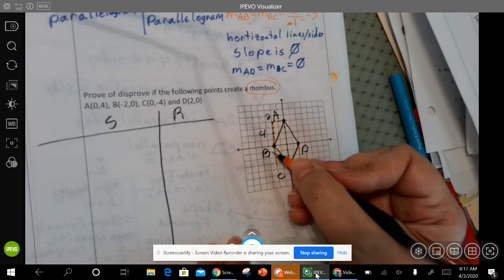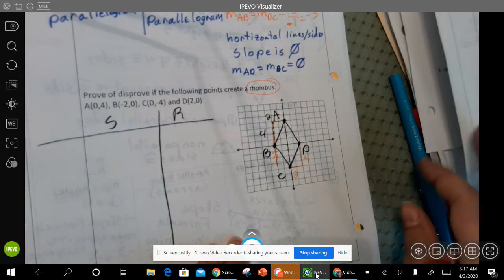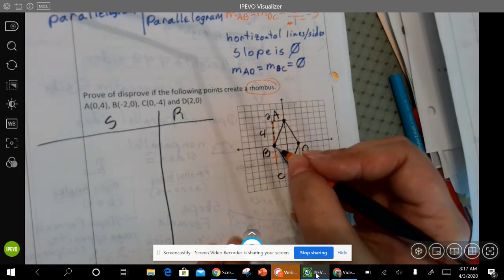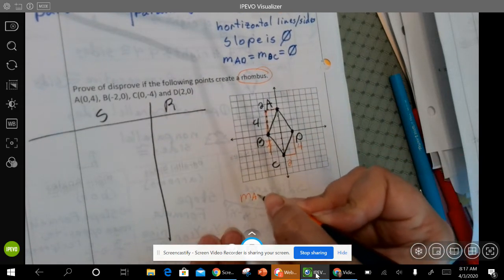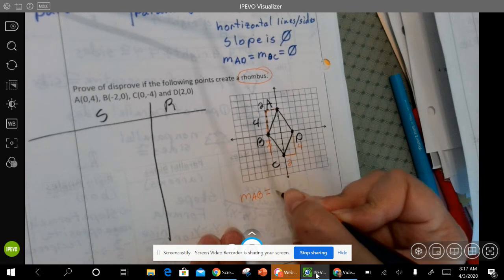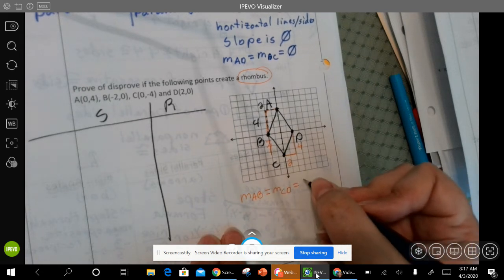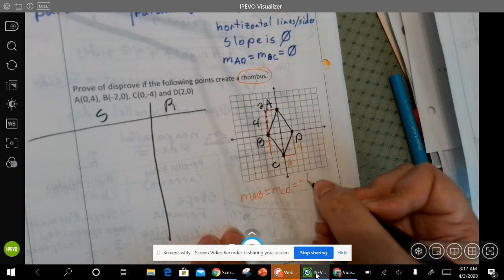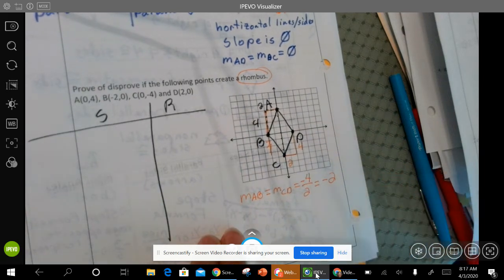Okay, so I'm just looking at these slopes right here. So the slope of AB and the slope of DC. Remember it's rise over run, so -4 over 2, which simplifies to -2.